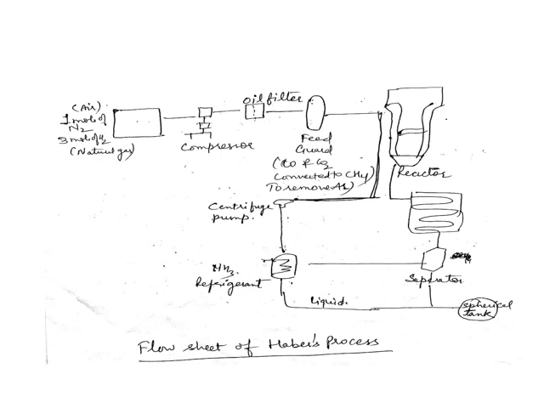Still, if some of the gas is left out, it passes through the centrifuge pump, which is above the ammonia refrigerant, and is again sent to the reactor. If some gas is left behind still, we send it to the reactor for the reaction.